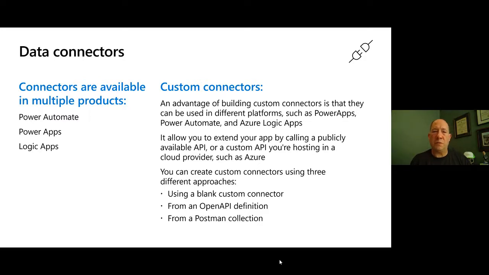Power Platform has over 325 data connectors out of the box. With that said, you do have the ability to create your own custom connectors. And this will allow you to extend your app by calling a publicly available API or a custom API you're hosting on a cloud provider. The connectors work by sending information back and forth across these APIs and gathering available functions into Power Apps or Power Automate.